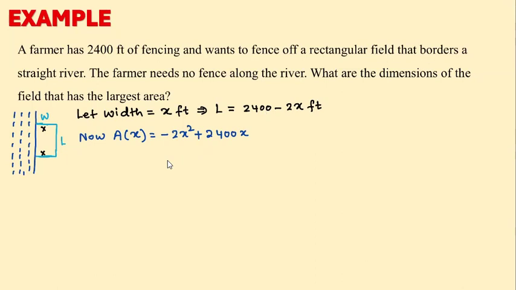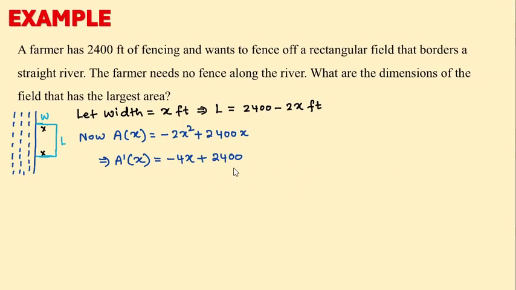So now we can quickly find the first derivative. The first derivative will be negative 4X plus 2,400. And what we know is the maximum or minimum value occurs when this first derivative is equal to 0.